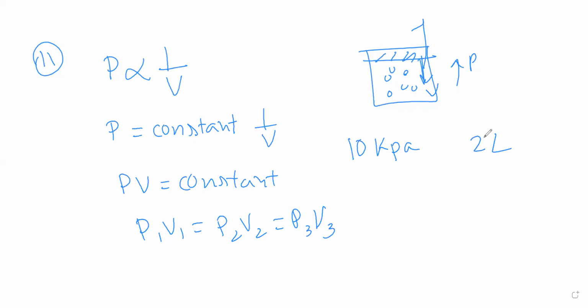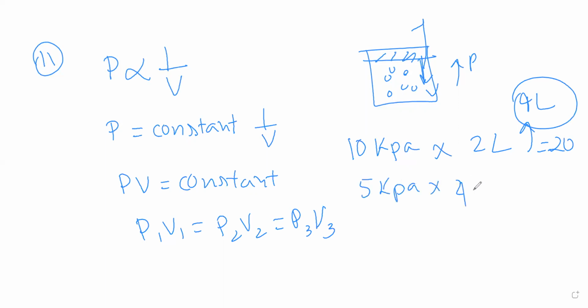If we increase the volume to 4 liter, what about the pressure? We know 10 into 2 equals 20, right? So if the volume becomes 4, then this will become 5 kilopascal into 4 liter equals 20. See? If the volume is doubled, the pressure is reduced by half.